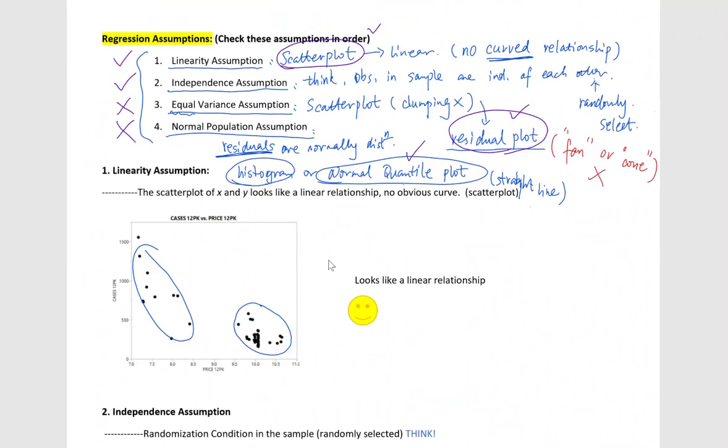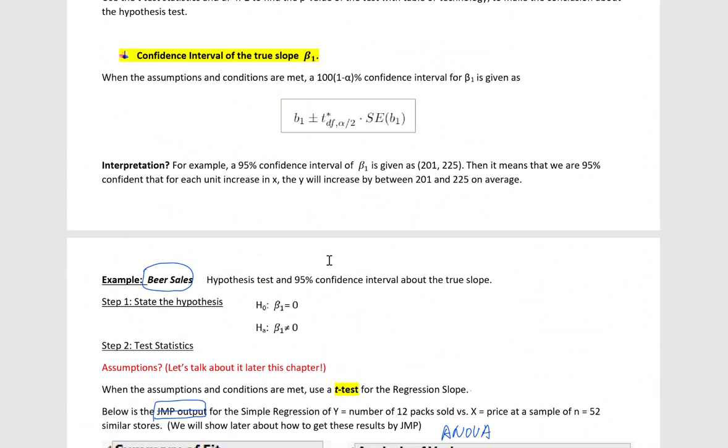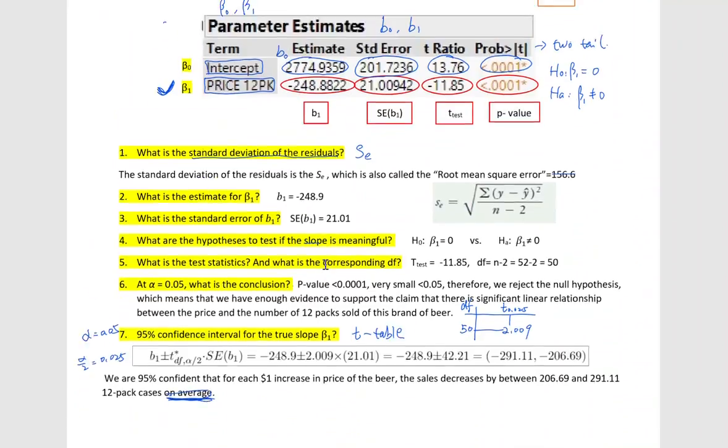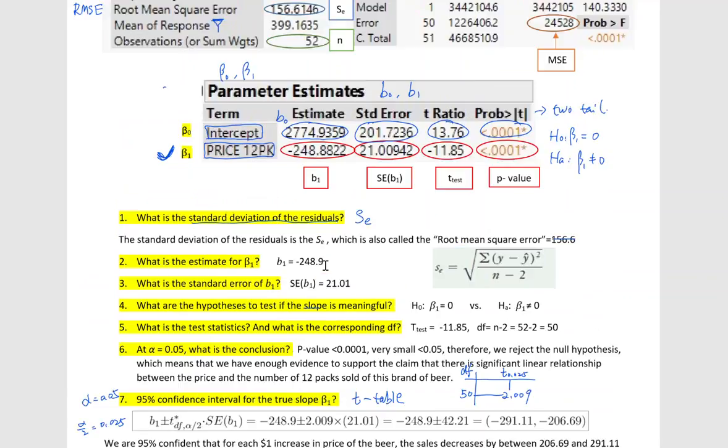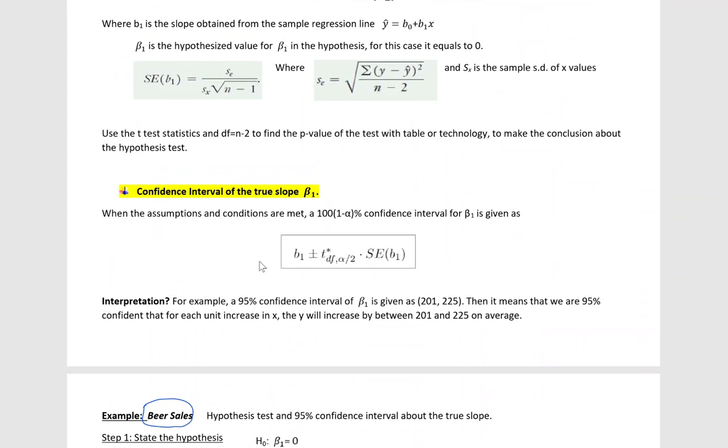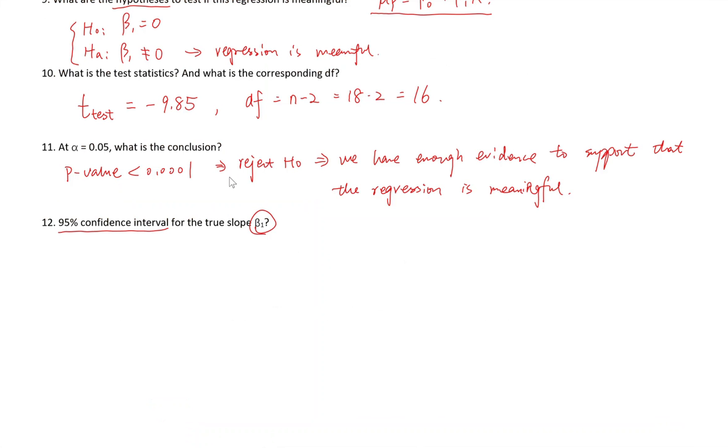This is the example, this is the confidence interval for the true slope beta 1. So this is the formula. Now let's come back and write down the formula: b1 plus minus t star times the standard error of b1.